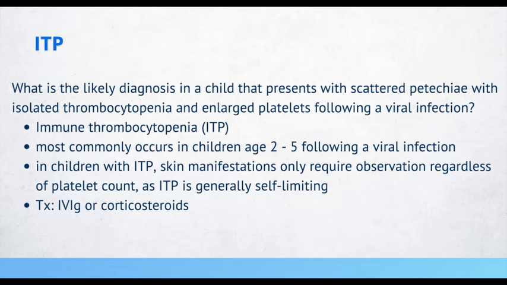This most commonly occurs in children ages 2 to 5 years old following a viral infection. Children with ITP can have skin manifestations only, and they may require observation regardless of platelet counts, because ITP is a self-limiting condition. You treat patients with ITP by giving them IVIG or corticosteroids.